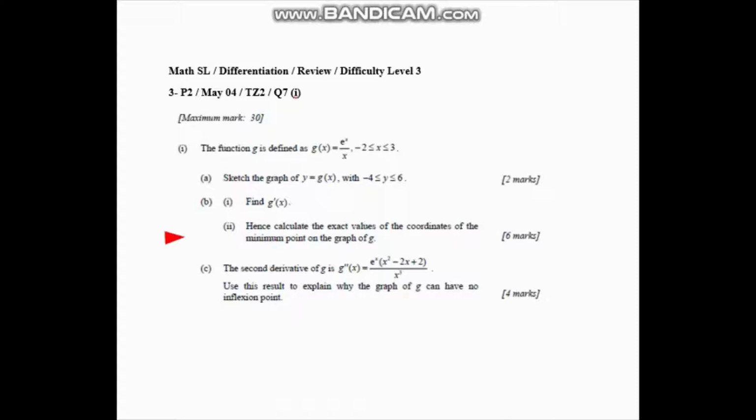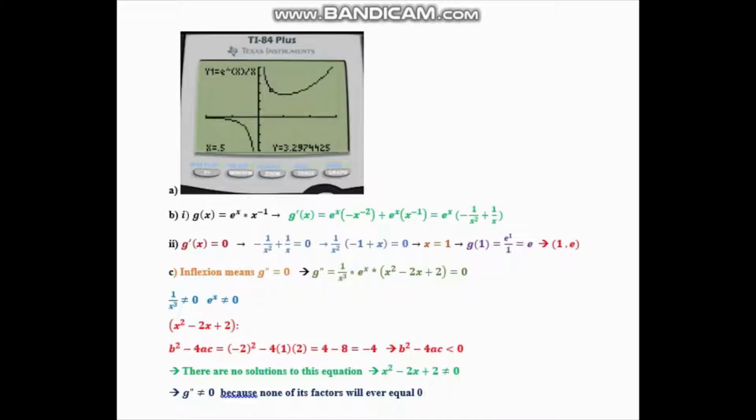So BII requires that we calculate the exact values of the coordinates of the minimum point on the graph of G. We know that the minimum point is a point where g dash of x equals 0. Hence, we want to set this expression right there to 0.